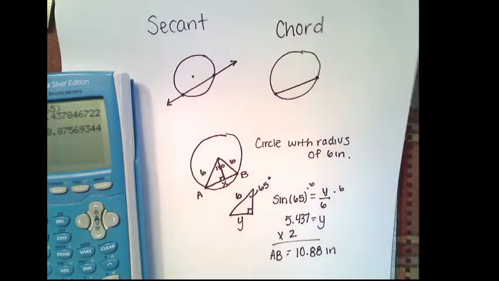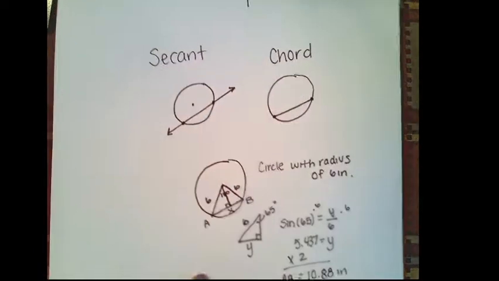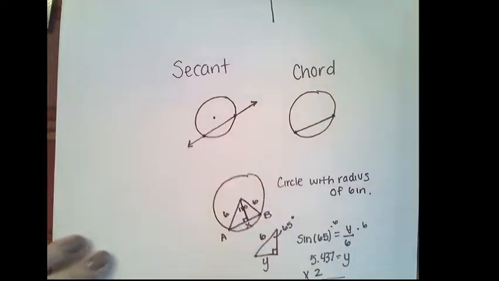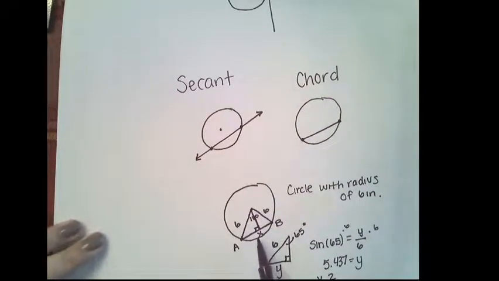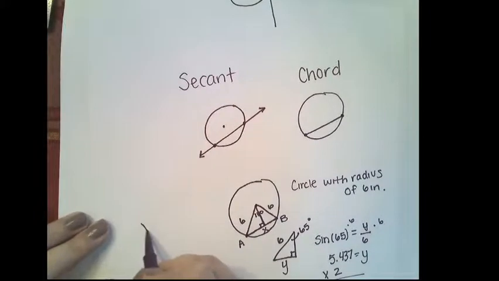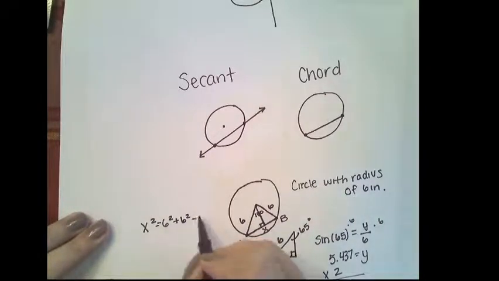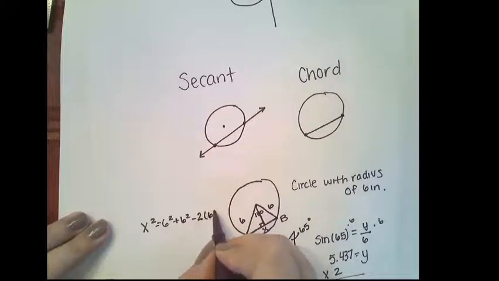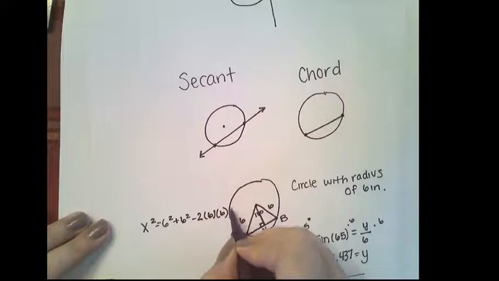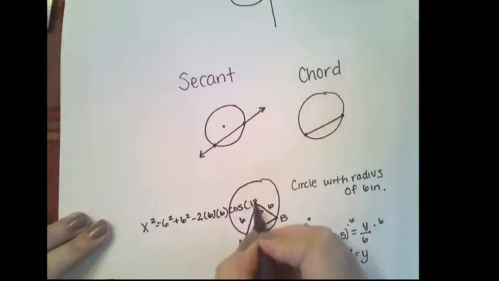And I'll just walk you through the law of cosines real quick if you wanted to do that instead. So we have our angle and the side across, so that must mean x squared equals a squared plus b squared minus 2ab cosine of 130.